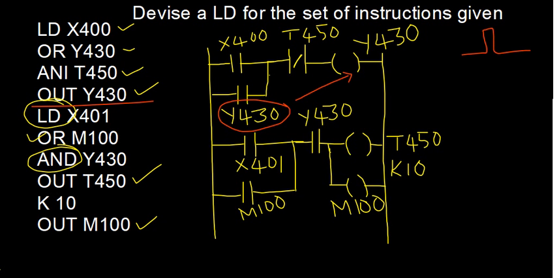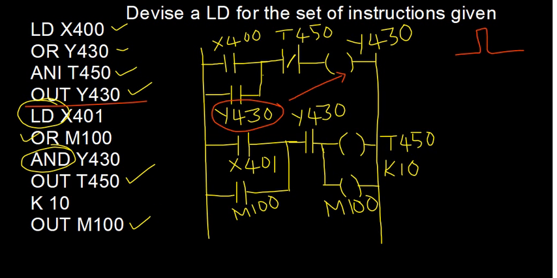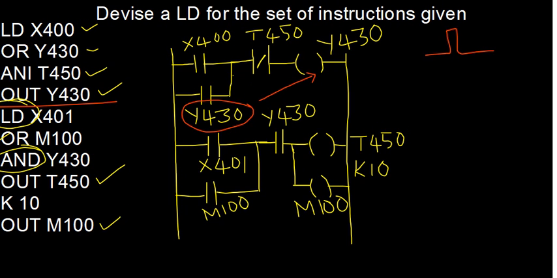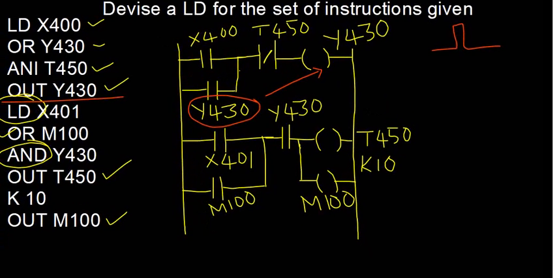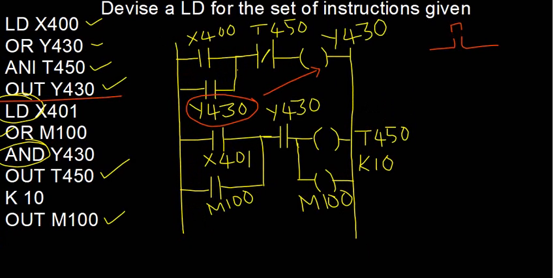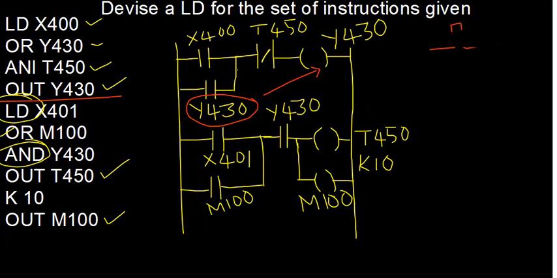So then you have X401. So your Y430 will now continue to remain. So you can even have a kind of timing diagram here. That is also possible. I can have a small timing diagram also here.